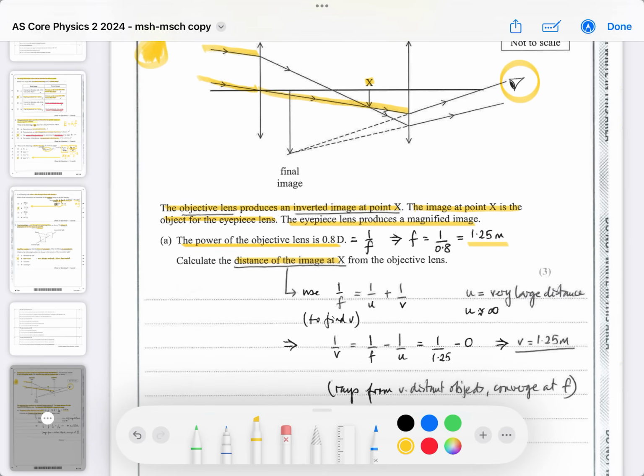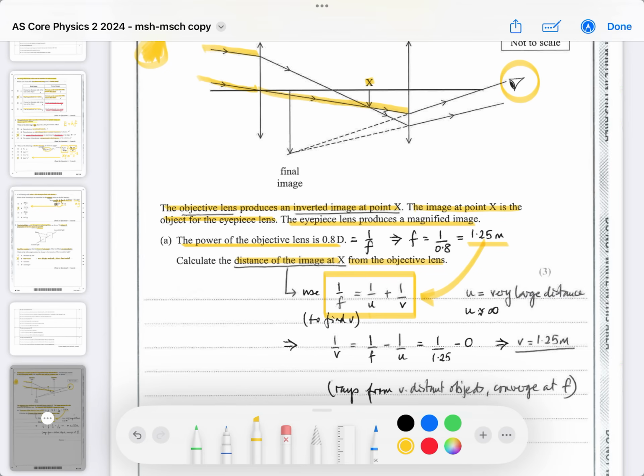So how far away is it? So you know, this is the main equation for lenses. 1 over the focal length, which I just worked out for you. So you put that 1 over f in there, and we want to find out 1 over v.